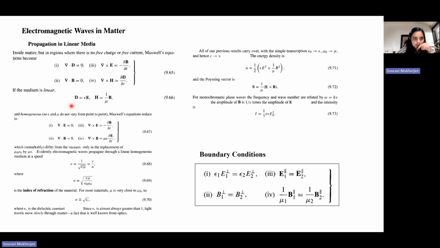For a linear medium, D is nothing but epsilon E, so that gives us this relation. This again comes from the fact that curl of E goes to 0. Here this comes from the fact that magnetic monopoles are not there. And this comes from the relation which talks about how the auxiliary fields are related.